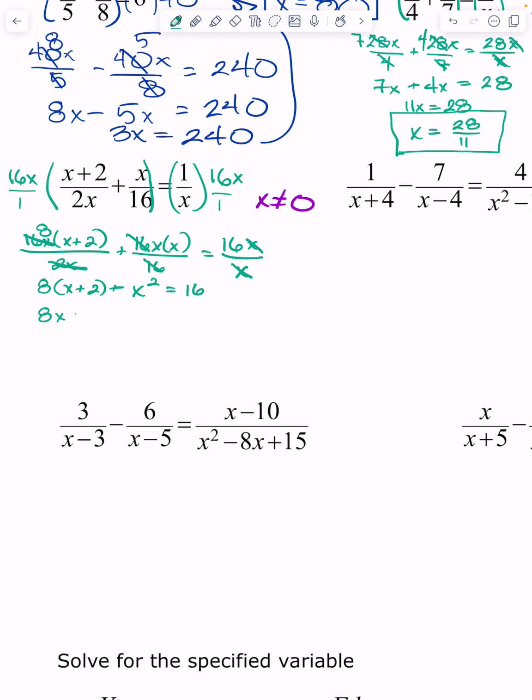I get 8x plus 16 plus x squared equals 16. I am going to move everything to one side. Subtract 16 from both sides. And then I'm going to factor. I get x equals 0, and I get x equals negative 8.